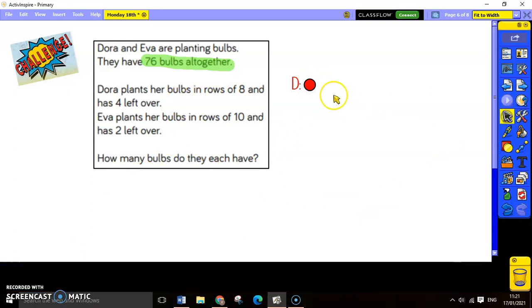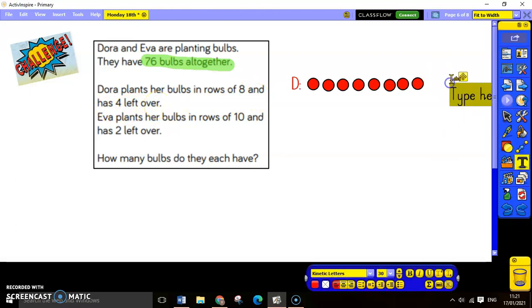There's 1, 2, 3, 4, 5, 6, 7, 8. Okay, so Dora plants her bulbs in rows of 8, and at the end she's got 4 left over.